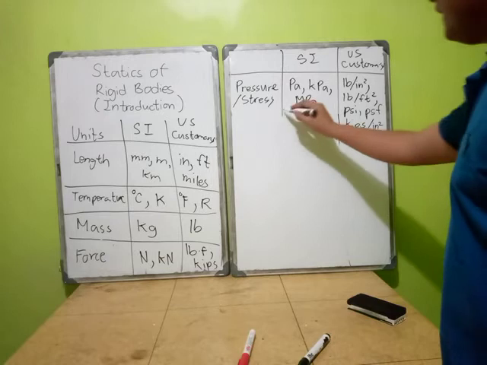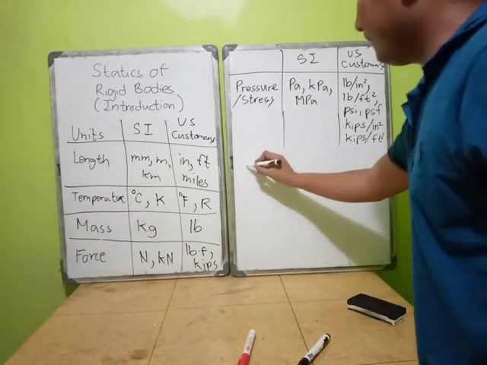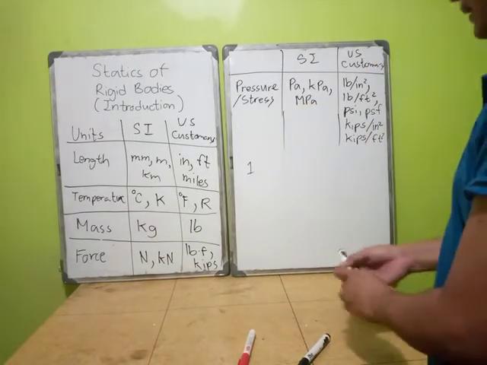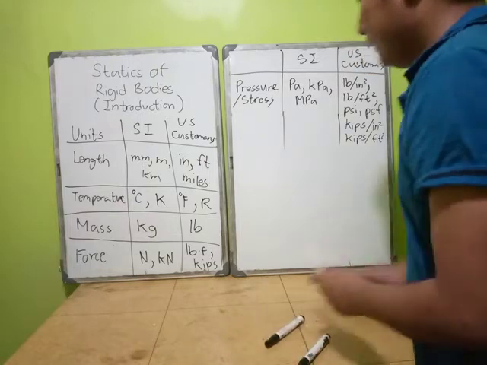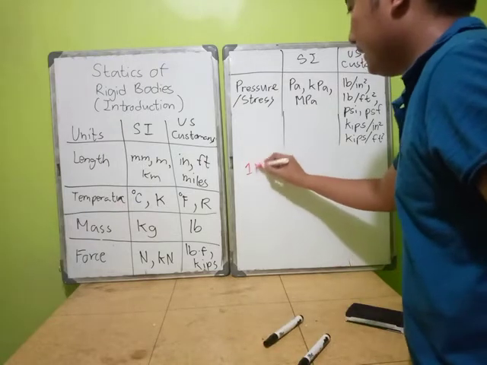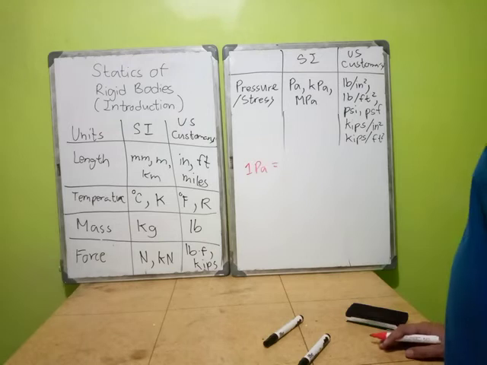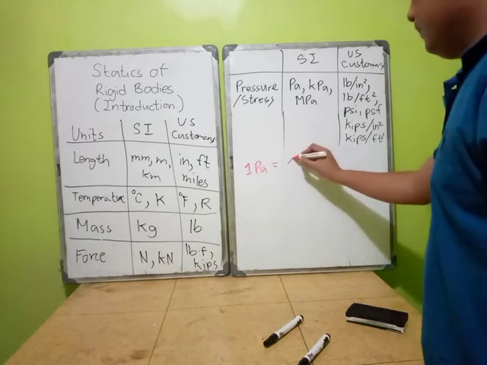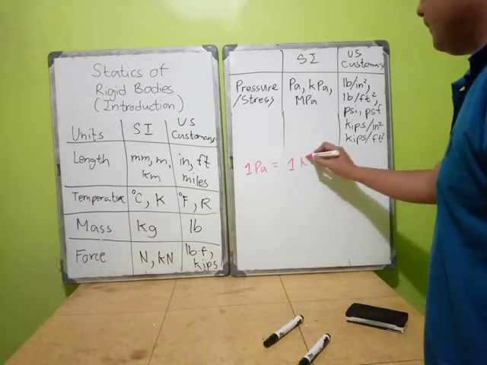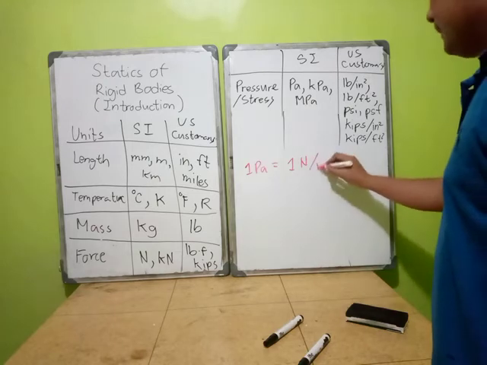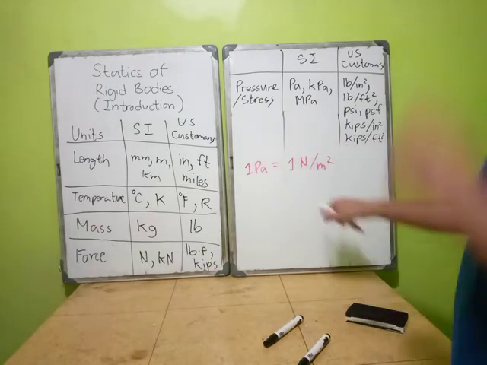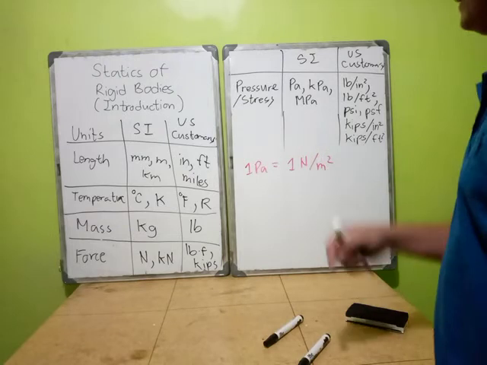Okay. So, discuss natin yung pagkakaiba nila. Tandaan nyo yung 1 pascal is equivalent to 1 newton per meter squared. Ito yung unit. Ito yung pascal sa SI.